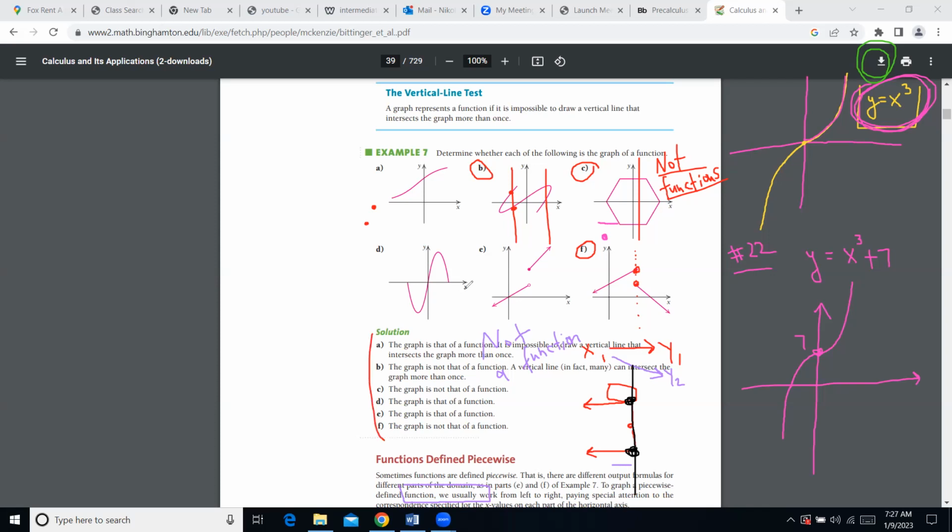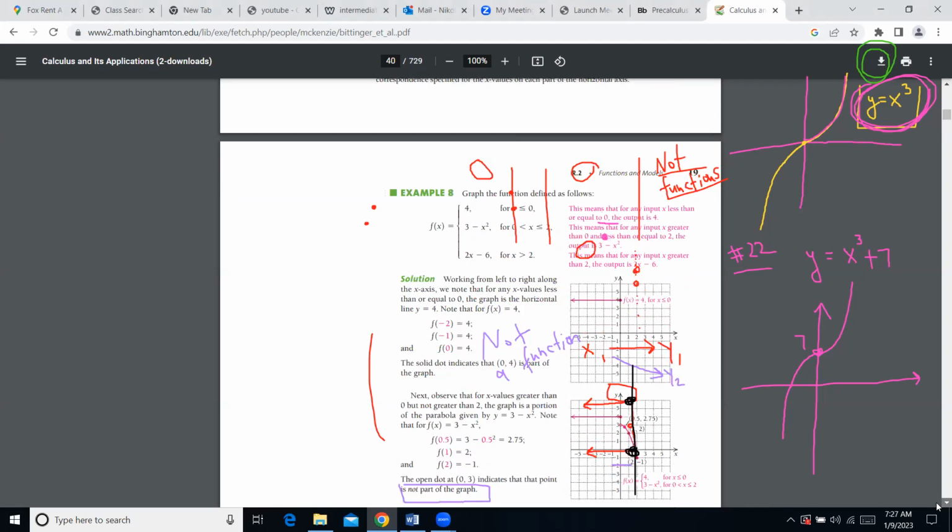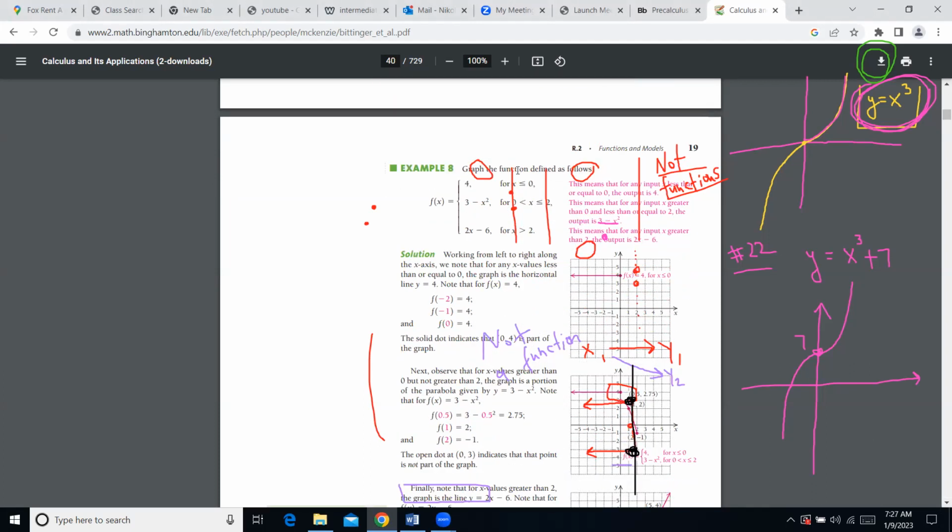So this so-called vertical line test is here for us, and it tells us if your picture gives you a function or not. So function or not function. Well, in this class we'll work with functions, so pretty much everything from now on will be a function.